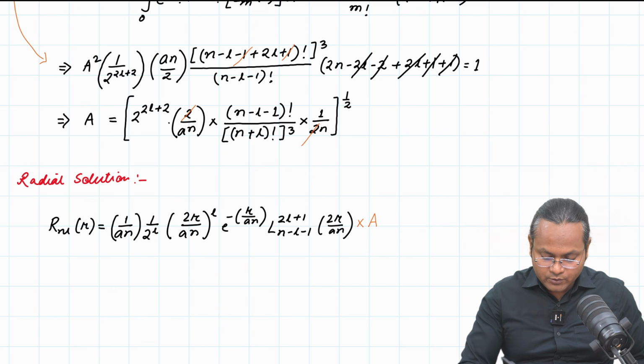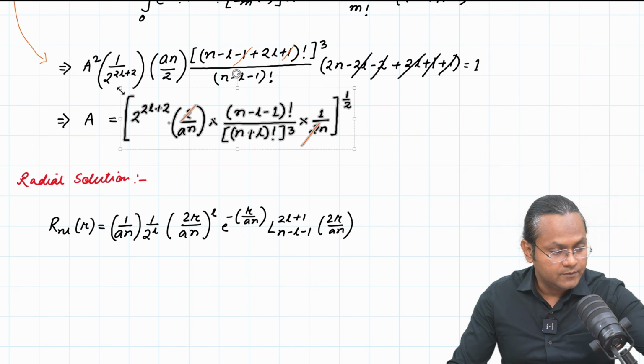If I multiply with A, which is nothing but this particular expression to the power half, right?